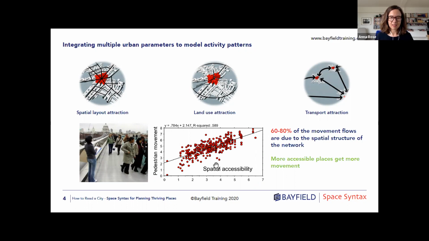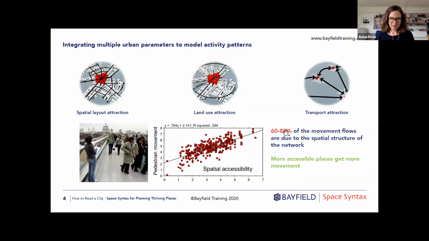You can see that in this correlation. So we build the statistical model as a basis of predictive models for future scenarios. So we look at an area, observe what's happening there, observe how the relationship between movement and spatial accessibility works, and if it's strong enough to predict for a future scenario what might happen as a result of a new development.